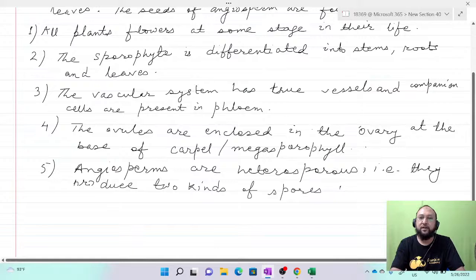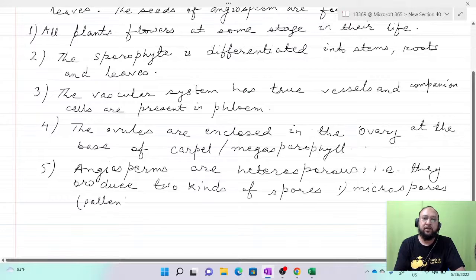So the one is the microspores, the pollen grain, and the other is the megaspores.